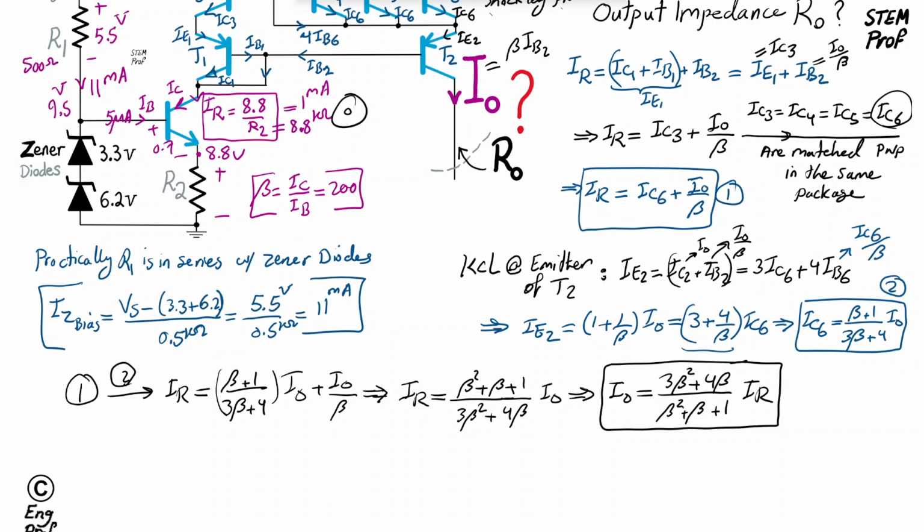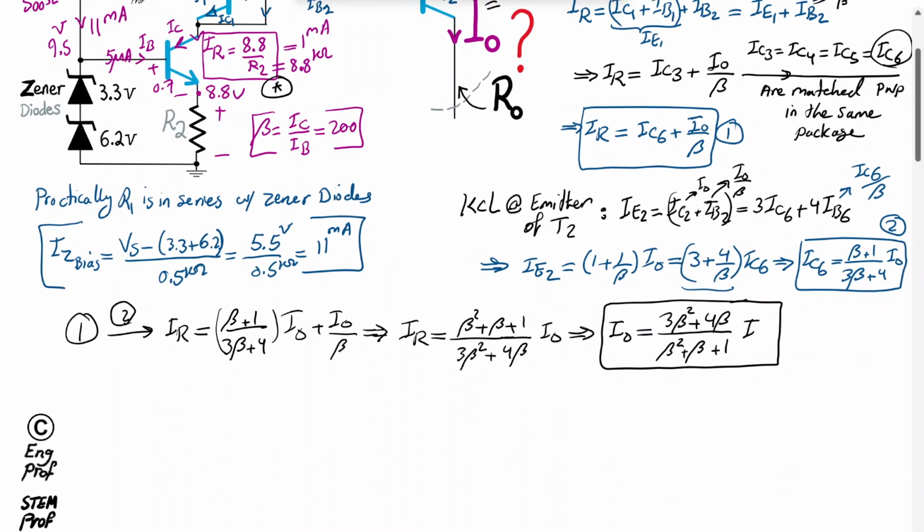In this reference equation, I am going to use it instead of IR. So let me substitute for IR. IR is 8.8 volt divided by R2. There you go. So this is what we were looking for.